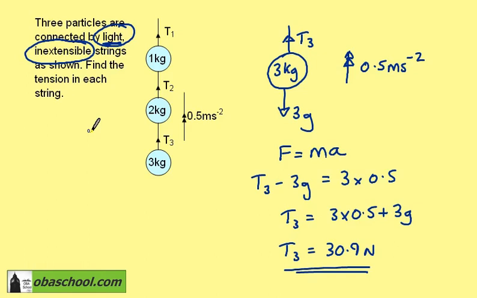This would not be the case in practice, as when we first start pulling, the strings would stretch according to the weight on them, and therefore the acceleration would not be exactly the same at all times. So in practice, inextensible in our questions means that the objects accelerate at the same rate.